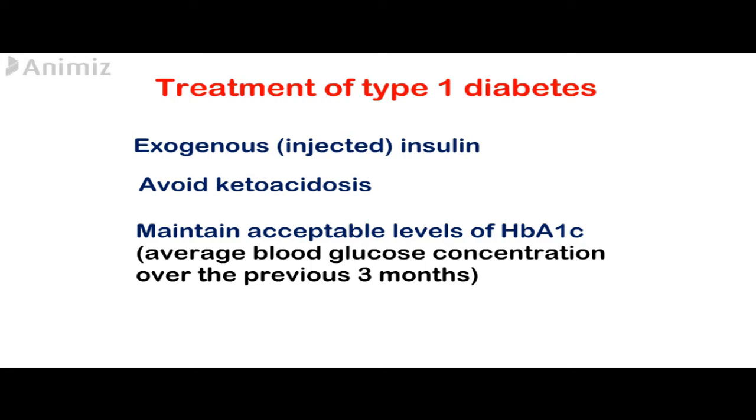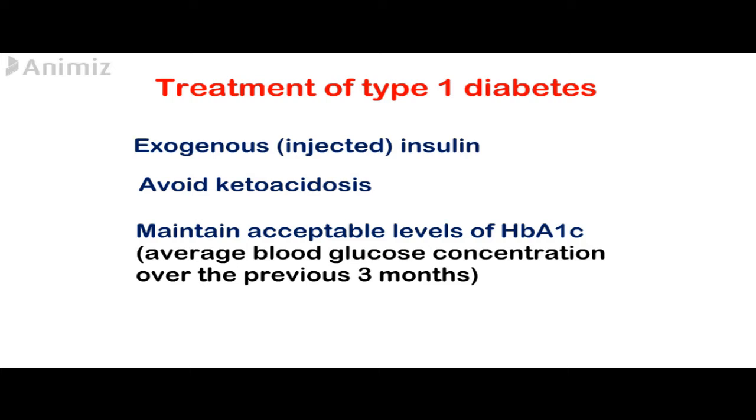HbA1c is the average blood glucose concentration over the previous 3 months, and this parameter is very important for the diabetic patients to check because it provides a measure of how well treatment has normalized blood glucose in diabetic patients in the last 3 months.